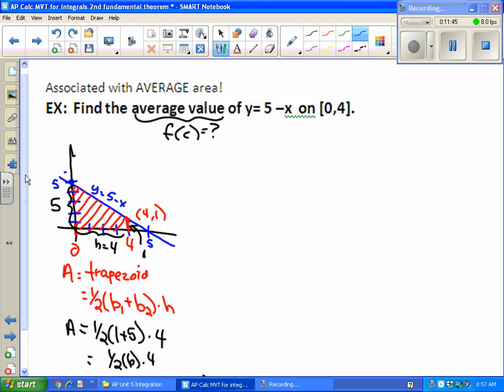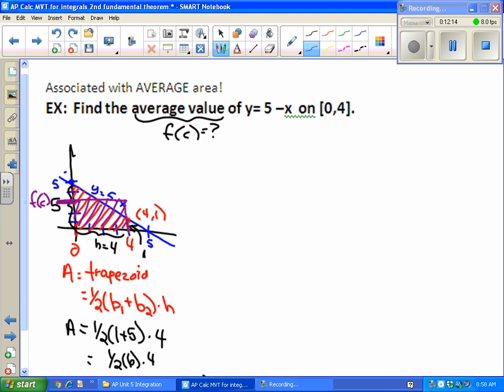Now, we did that work just so we know what situation we're dealing with. We know what the area is. Now, let's see if we can apply the mean value theorem for integrals to help us find the average value. Here's my end goal. I'm hoping to find out what height, what f of c value, would allow me to draw a rectangle that would be the same amount of area.